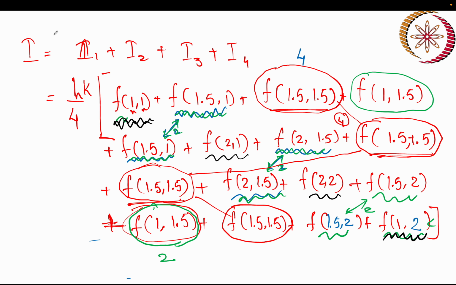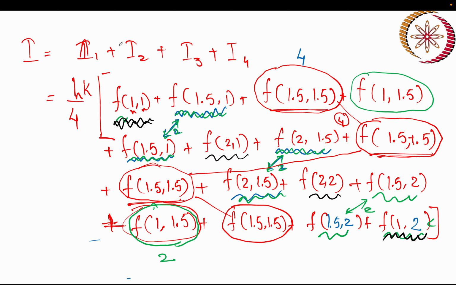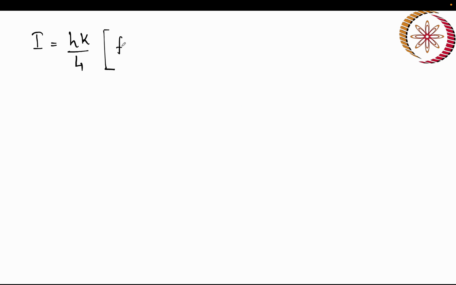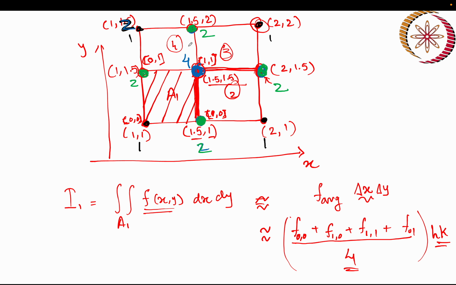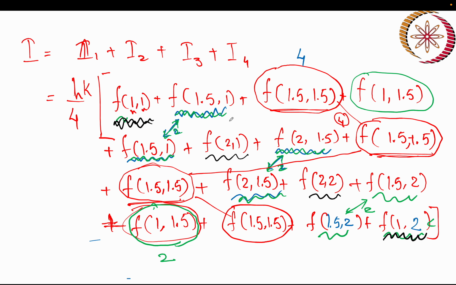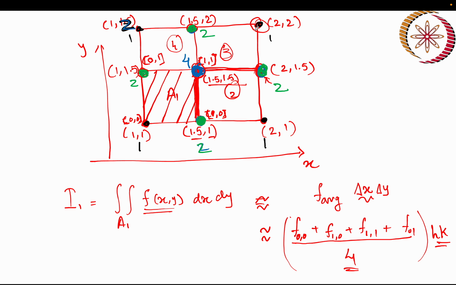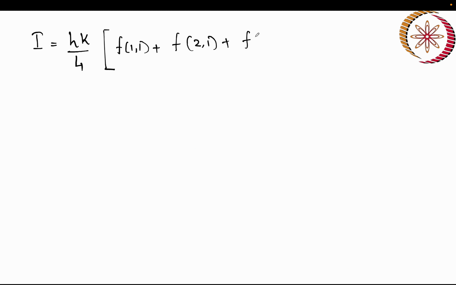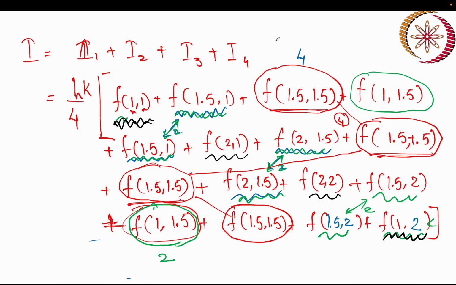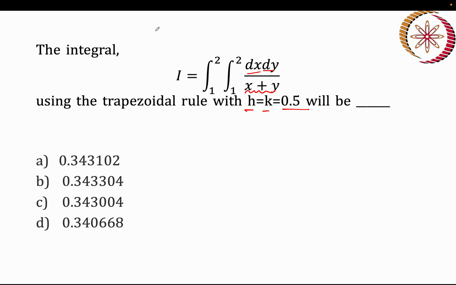Whatever integration we are computing, we can write as hk by 4, and then for the corner points we will write f of 1, 1, and f of 2, 1, then this corner point f of 2, 2, and then this is 1, 2.